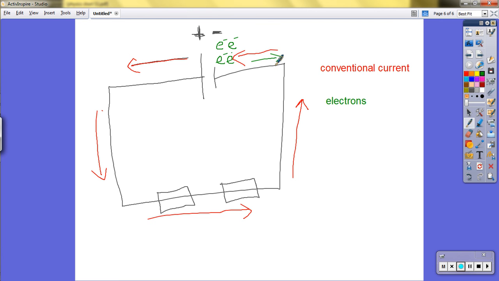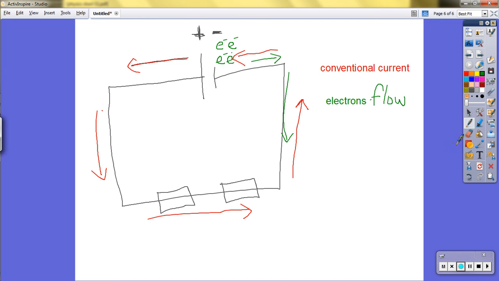So they go from negative to positive. So the conventional current and the electron flow are opposites. So if you are told which way the current is going, you know which way the electrons are going. Also, once you know which way the current is going, you know where the positive and the negative are.